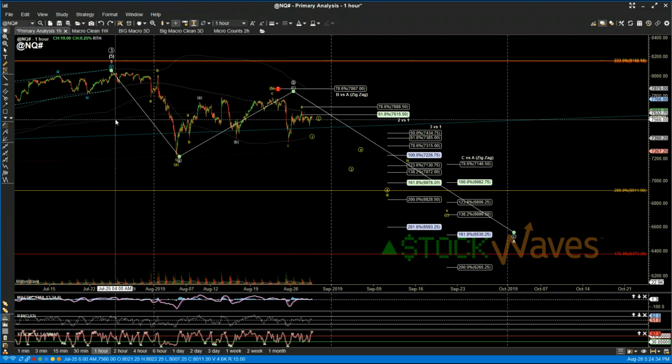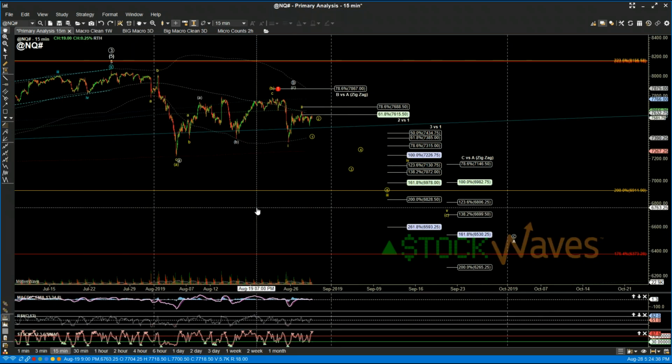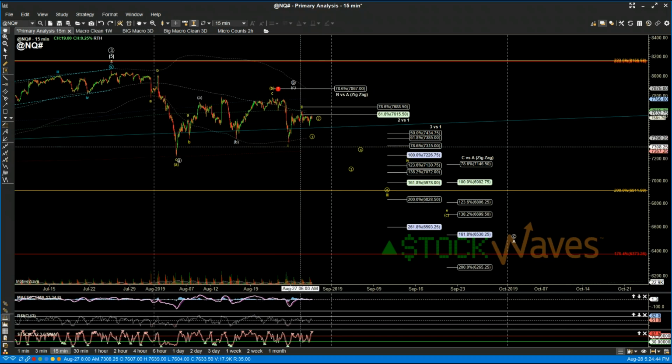So that's just a quick look at trying to reconcile some different indexes that have a little bit different Fibonacci measures and magnitudes of the moves.